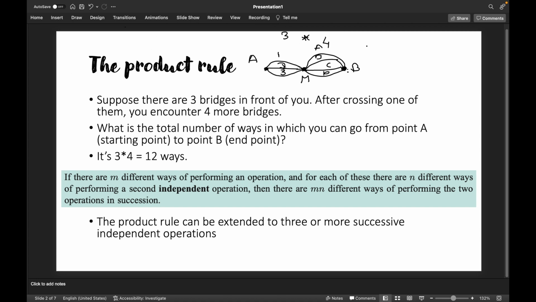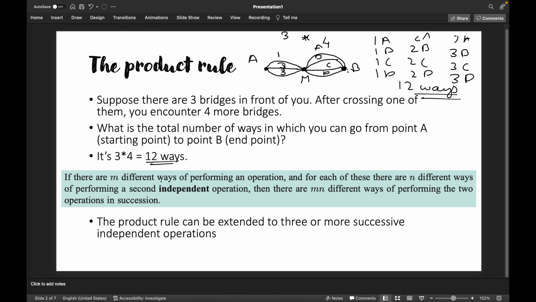The possibilities are 1A, 1B, 1C, 1D, 2A, 2B, 2C, 2D, 3A, 3B, 3C, and 3D. If you count this up, you're going to get 12 ways. So that's what is written here.